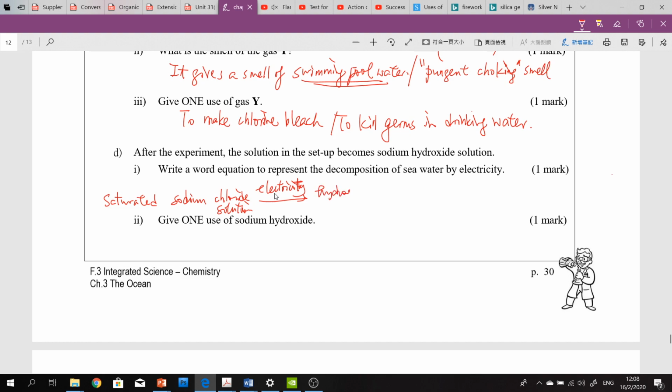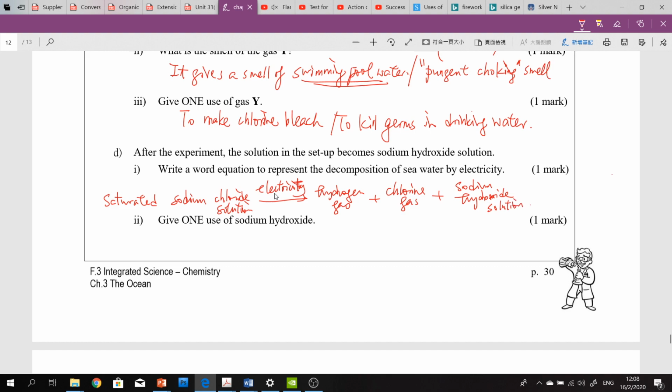Hydrogen gas, recall your memory. Chlorine gas, which can be used to make bleach, and finally something alkaline, we call that sodium hydroxide solution.